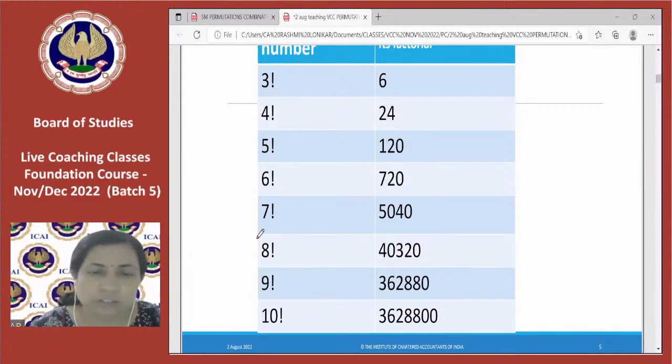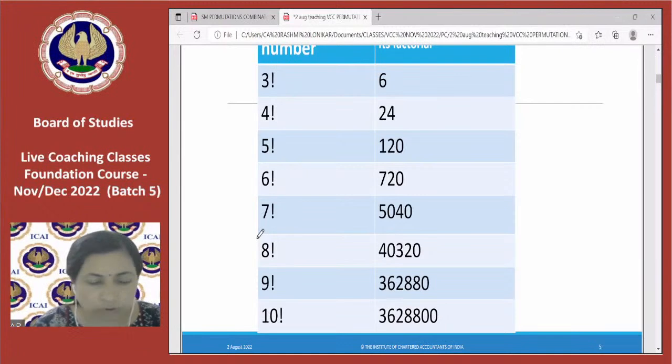As you can see, 3 factorial is 6, 4 factorial is 24, 5 factorial is 120, 6 factorial is 720, 7 factorial is 5040, 8 factorial is 40320, 9 factorial is 362880, and 10 factorial is 3628800.